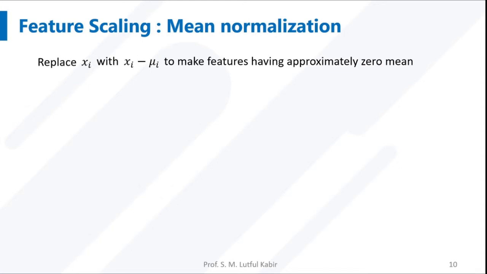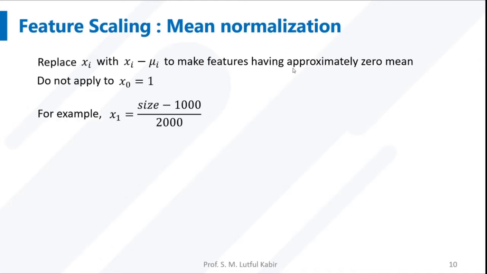Xi minus mu i means all the data of a particular feature should be subtracted by mu i, where mu i is the mean of all the data. If you do that, the final converted data will have approximately 0 mean. Do not apply this for x0. x0 should remain at 1.